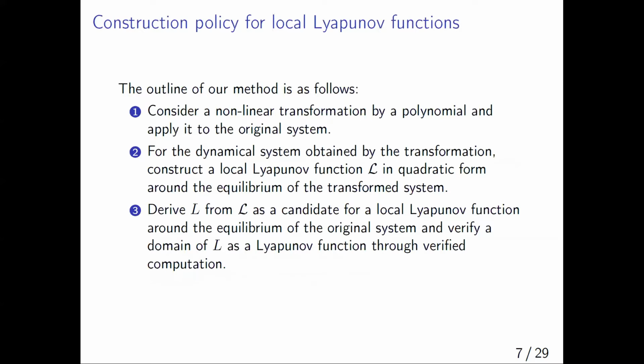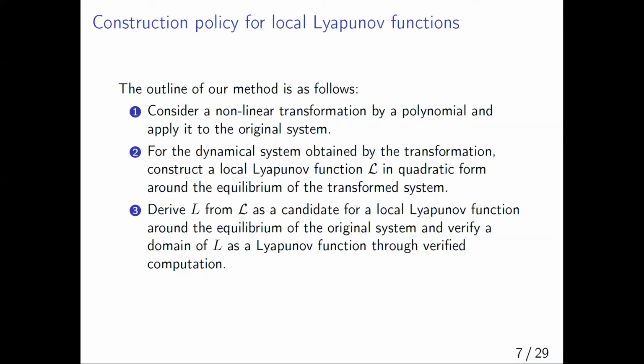The outline of our method is as follows. First, consider a nonlinear transformation by a polynomial and apply it to the original system. Next, for the dynamical system obtained by the transformation, construct a local Lyapunov function calligraphy L in quadratic form around the equilibrium of the transformed system.